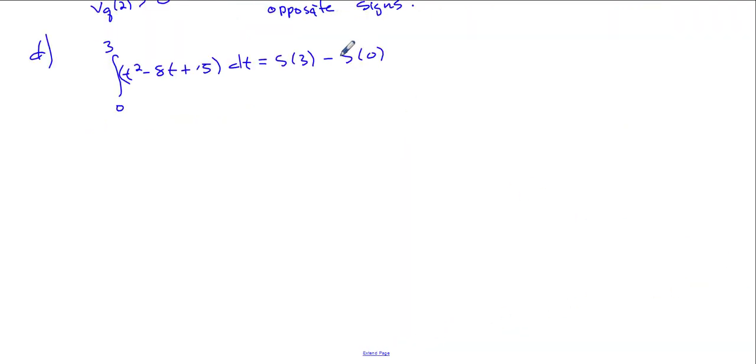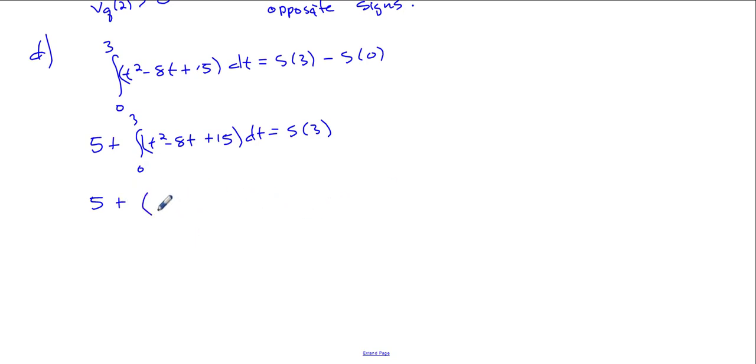Okay, I'm imagining 5 being right here, add it to the other side. So 5 plus antiderivative 0 to 3, t squared minus 8t plus 15 dt equals the position at 3. Now we actually have to do an antiderivative.